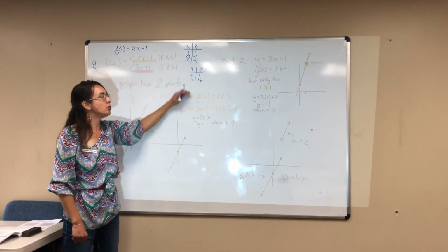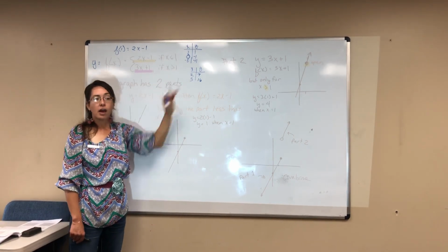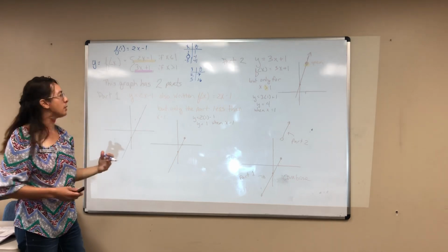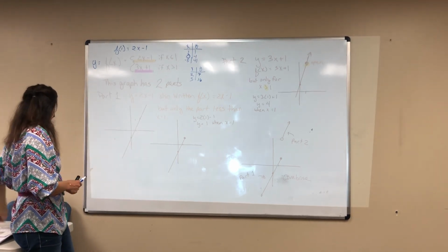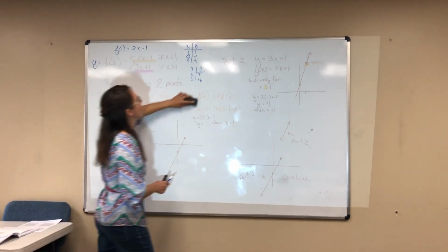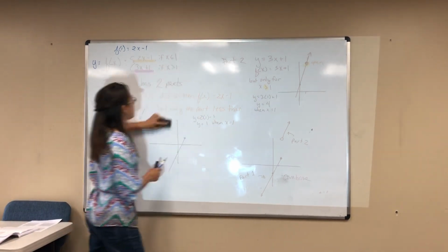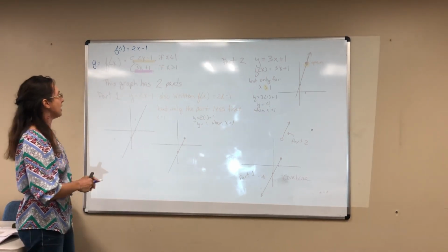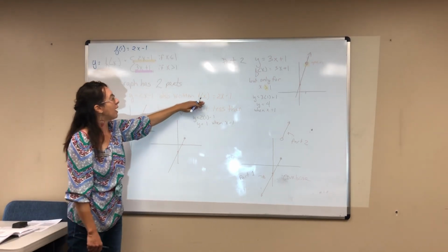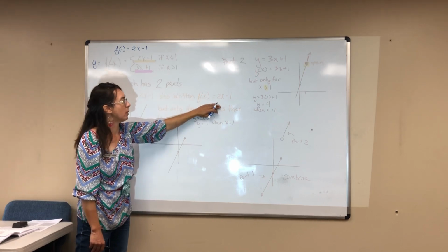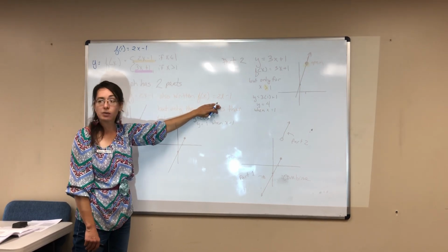So we have 2 different sets of coordinates that we would be able to plot. We could plot all of these on a coordinate plane. Since we have 2 different parts, we go ahead and plot what our lines say. So for part 1, we're going to plot our y equals 2x minus 1. Okay, this is in which form?